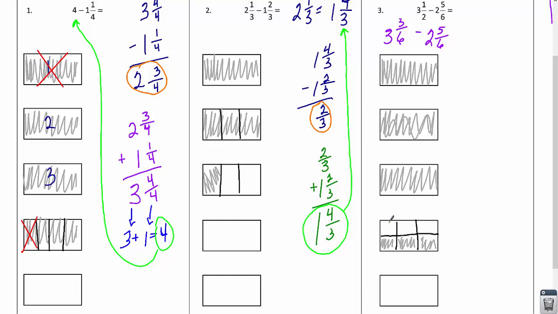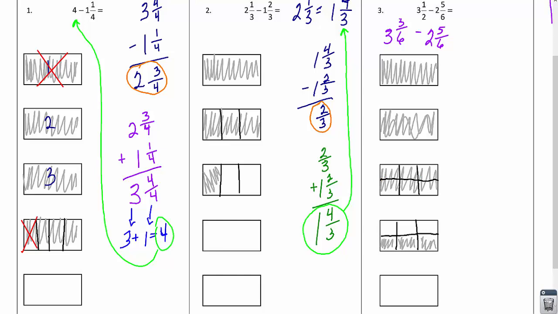Okay, but here's my problem. I'm trying to take away 2 and 5/6. I don't have enough sixths here. I only have 3. So I'm going to create some more sixths. I'm going to rename this box into sixths also.